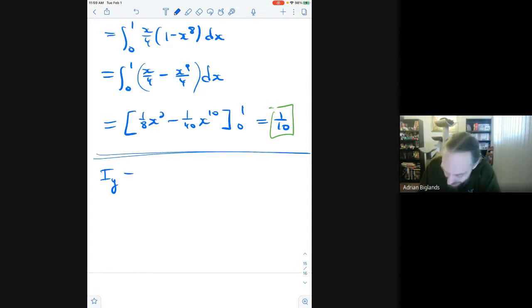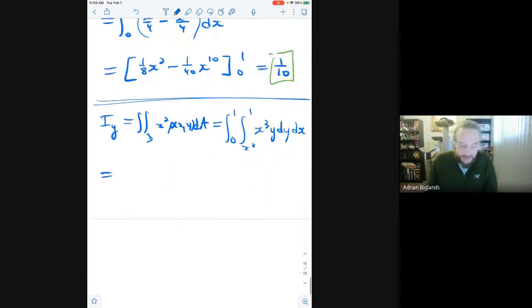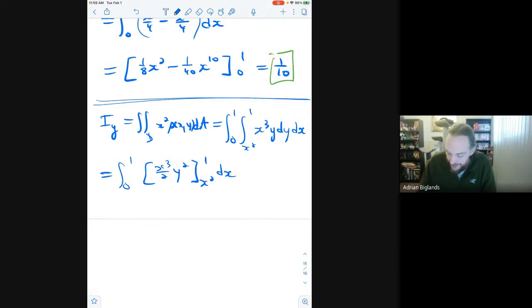Iy is the double integral over our region D of x squared times rho xy dA, which is again the integral from 0 to 1, the integral from x squared to 1 of x cubed y dy dx, which is going to equal the integral from 0 to 1 of x cubed over 2 y squared from x squared to 1 dx.